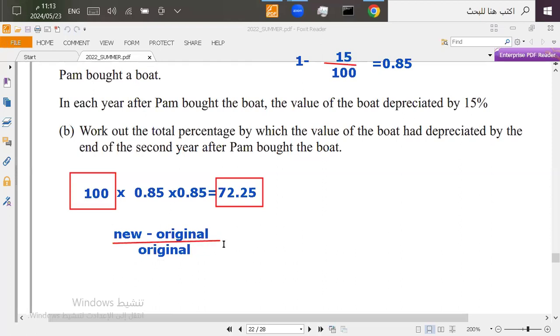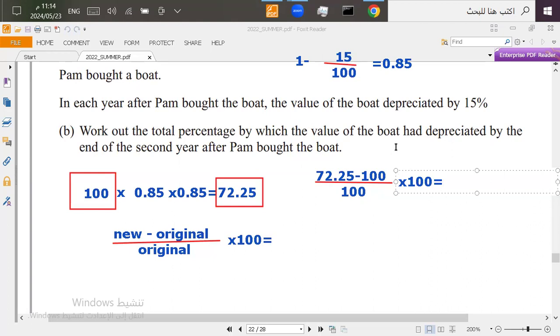So the new is 72.25. As I said, the answer will be negative, which means it's depreciation or decreasing. And then divided by the original, which is 100, and then you multiply the answer by 100 to find the percentage of decrease.